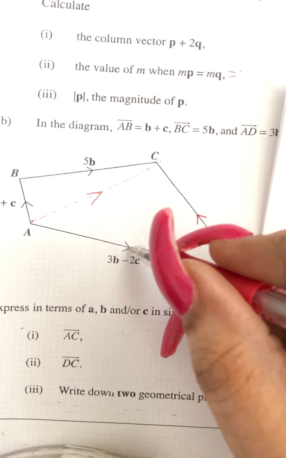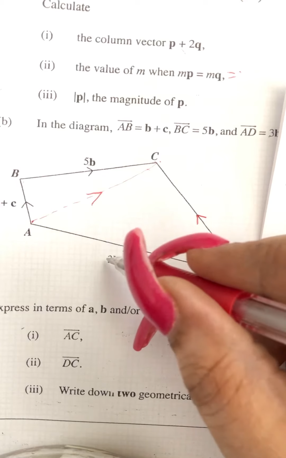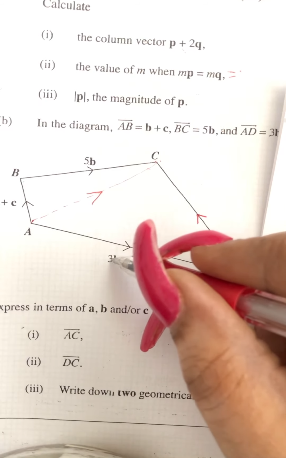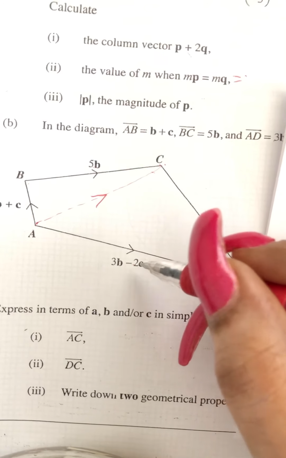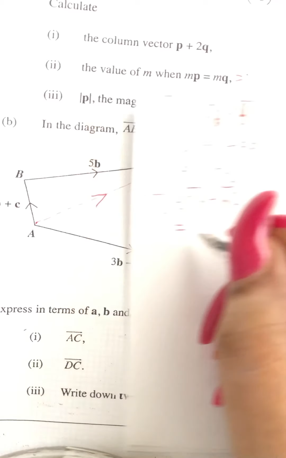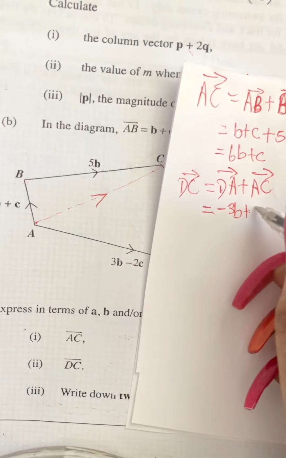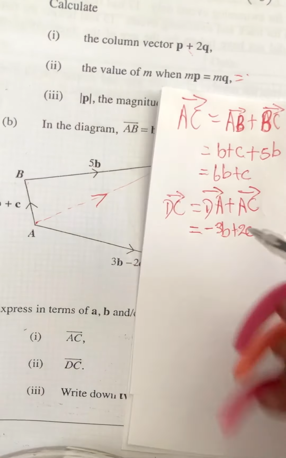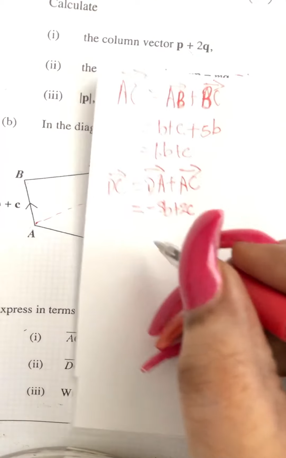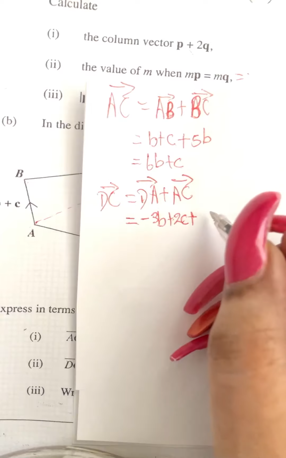DA is the opposite of what we see. So remember what I said to you. The two signs now are going to change. 3B becomes a negative and 2C becomes a positive. So we can write negative 3B plus 2C, and AC, which we just found in our previous part, 6B plus C.